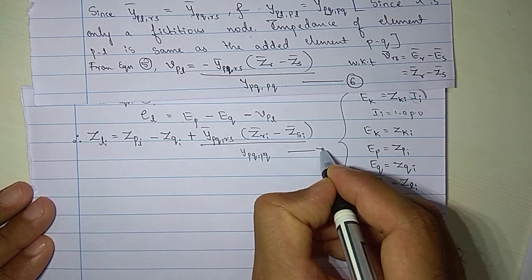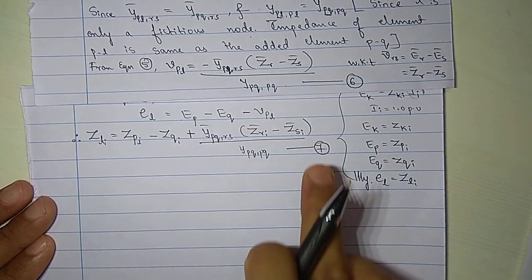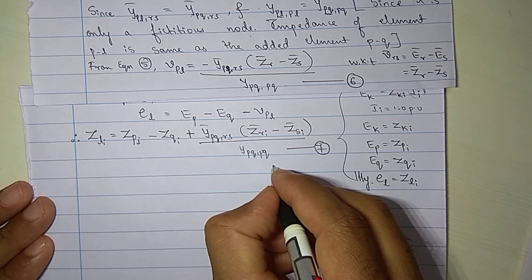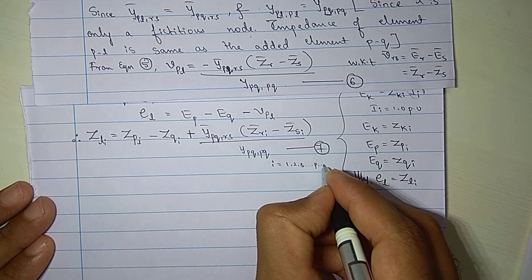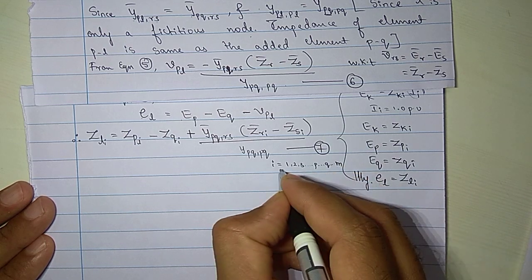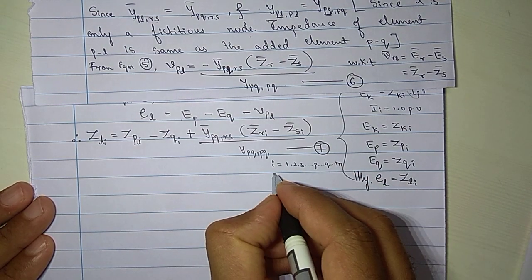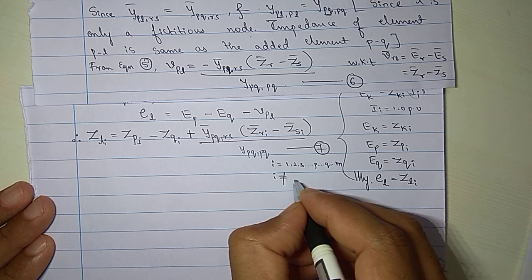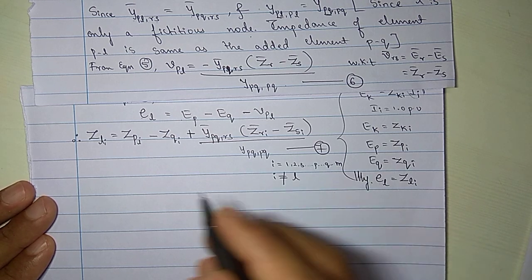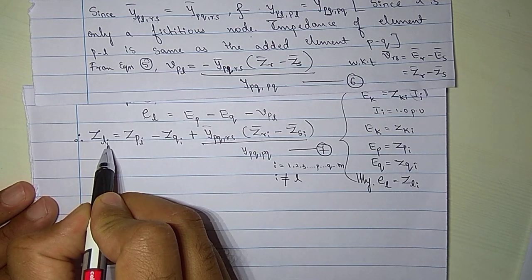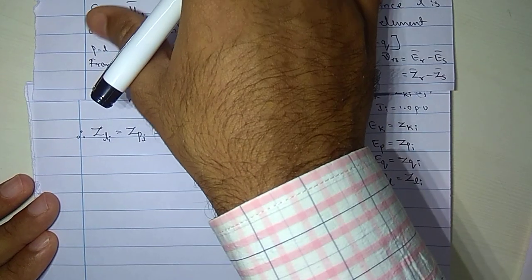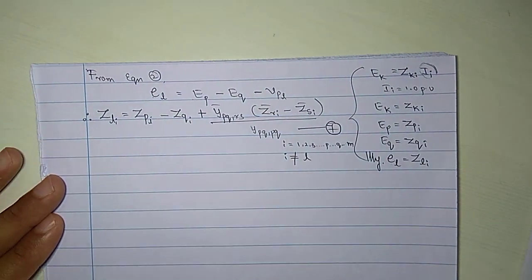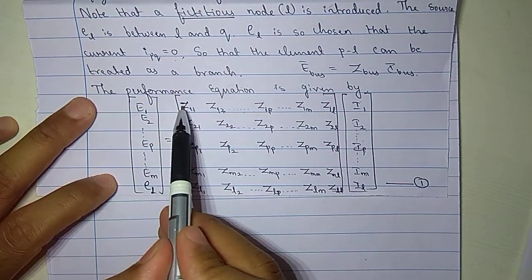I'll name this as equation number 7, such that I varies from 1, 2, 3 up to P, up to Q, up to M. I varies till M such that I should not be equal to L. If I is equal to L, replace I by L, then it is ZLL, which means diagonal elements.